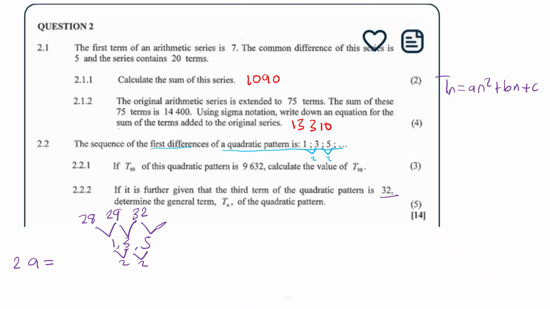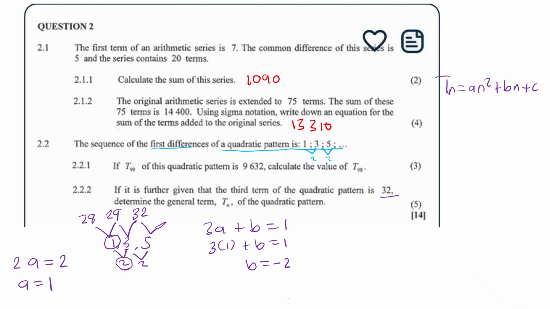Therefore now 2a is equal to this number, which is 2. Therefore now a is equal to 1, right? Therefore now for you to find b, 3a plus b is equal to 1. It's equal to 1 because this is where the 1 is coming from. Therefore now our a, we're going to have 3 plus b is equal to 1. Therefore now b is equal to 1 minus 3, which is minus 2.